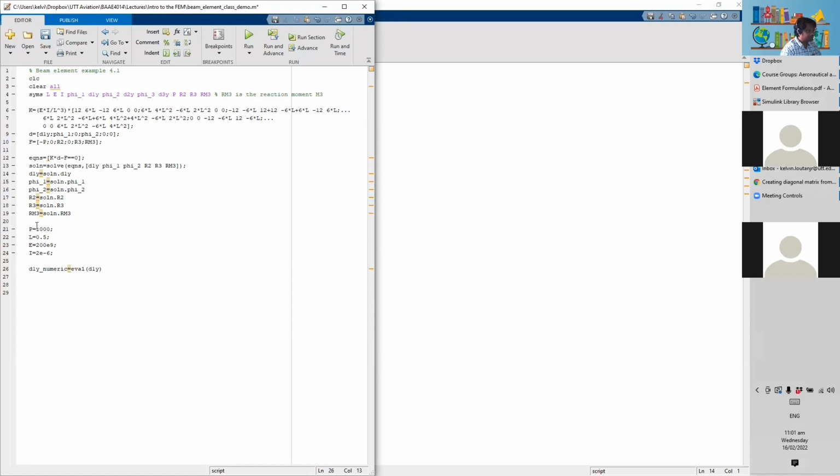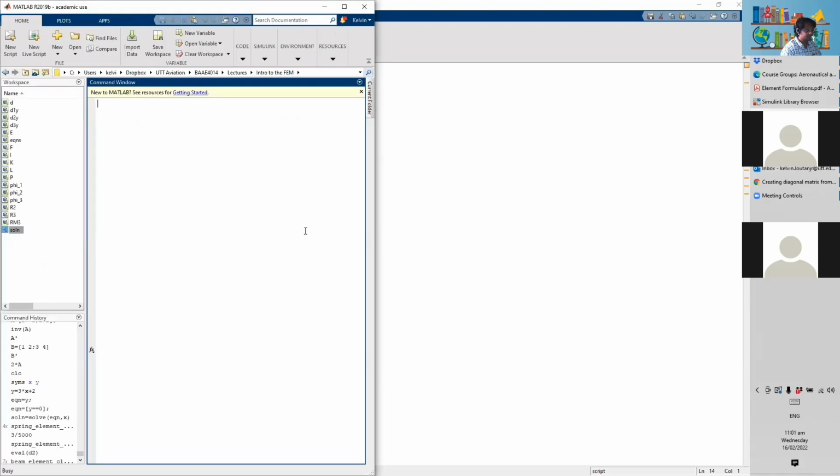What I will do now is substitute these values into the equation for D1Y. Right, so this is D1Y. This is minus 1.8 by 10 to the minus 4 meters. So minus means that it's going down.